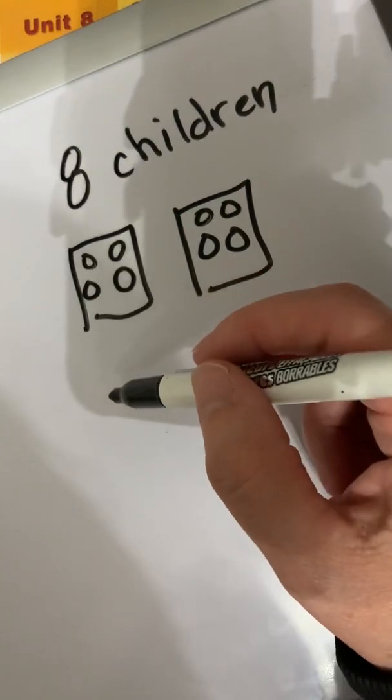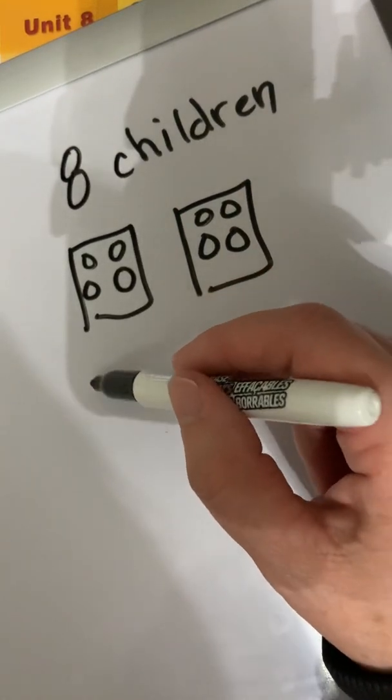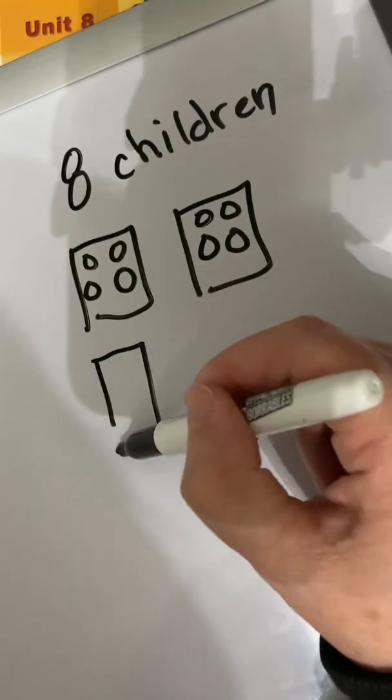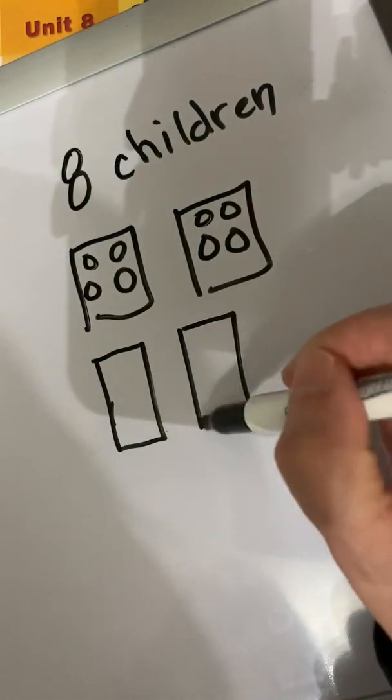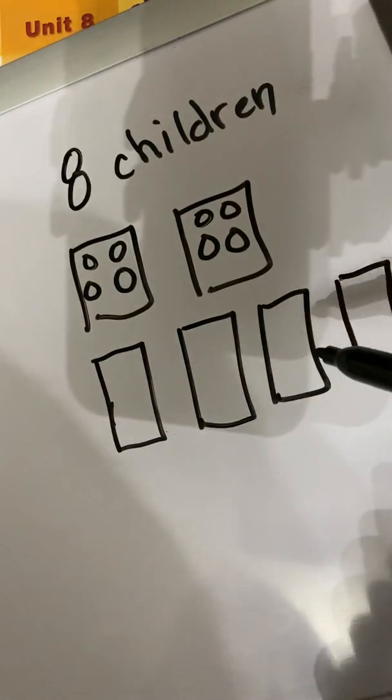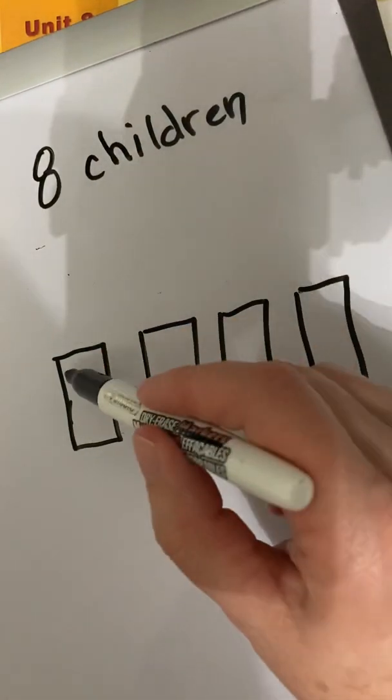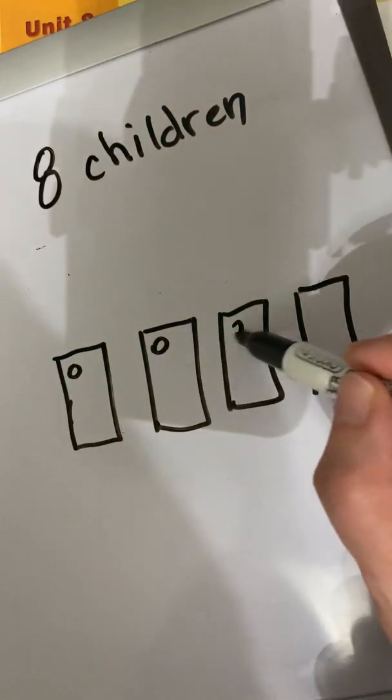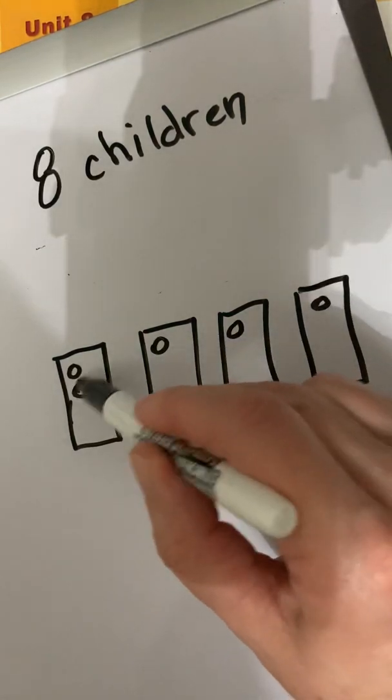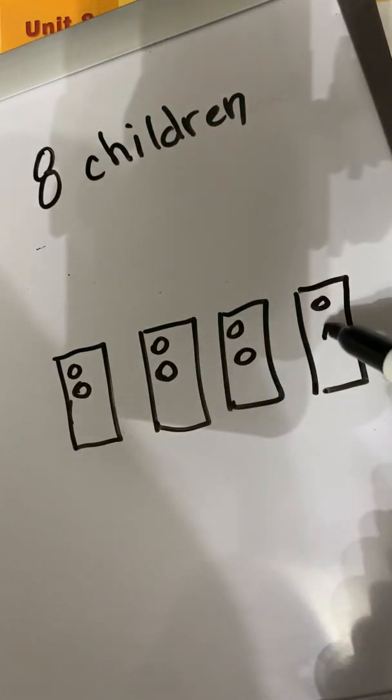Could I try putting them onto 4 teams, those 8 kids? Take my 8 pieces. I'm going to get rid of this. Take my 8 pieces, 1, 2, 3, 4, 5, 6, 7, 8.